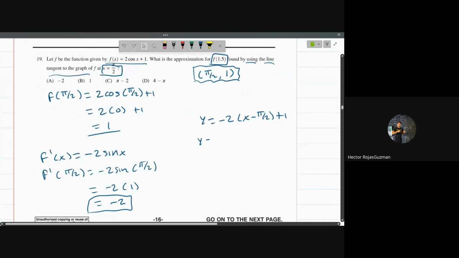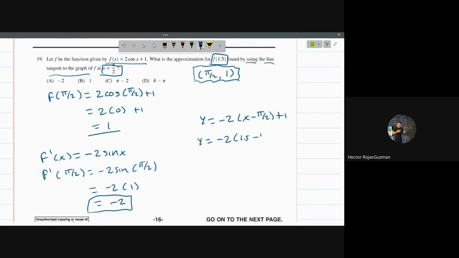Now you can plug in your 1.5: negative 2 times 1.5 minus pi over 2 plus 1. This still seems a little tricky, doesn't it? But look, have no fear. Distribute the negative 2, and that gives you negative 3 plus pi plus 1, which is then pi minus 2. So C for number 19.